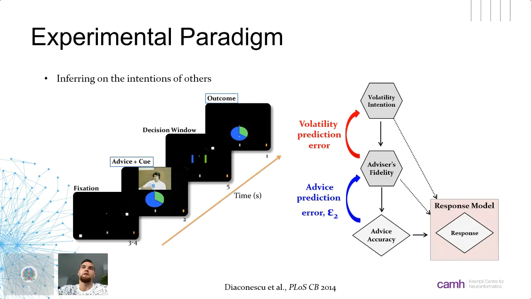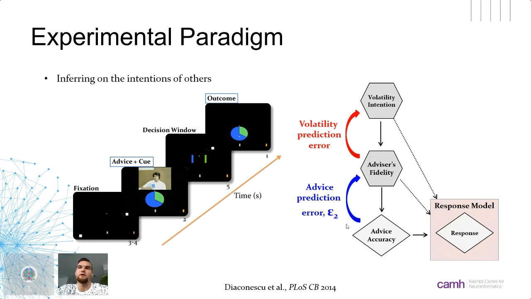So in sequences of trials, a subject receives advice, and that advice can either be correct or incorrect, or either helpful or unhelpful, and therefore the subject keeps track of how helpful the advice is and forms some kind of expectations about the advisor's fidelity, and that's going to be an important part in our modeling.